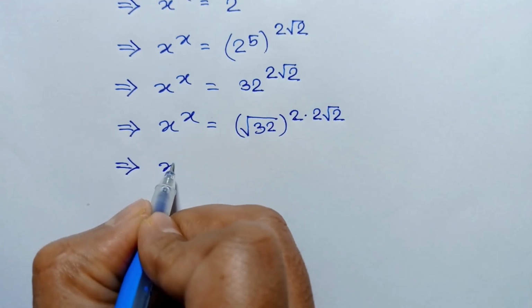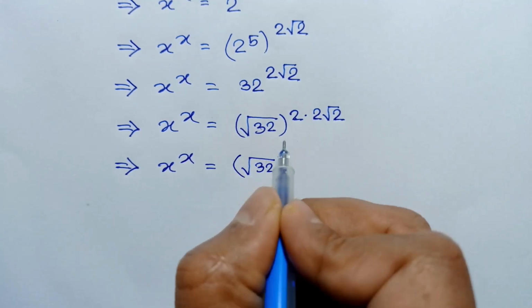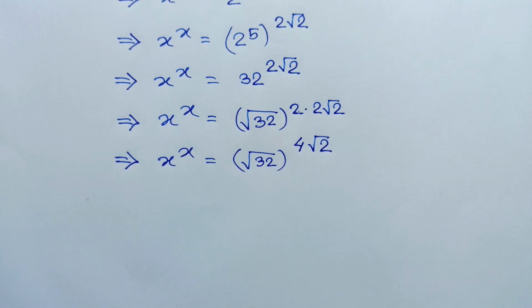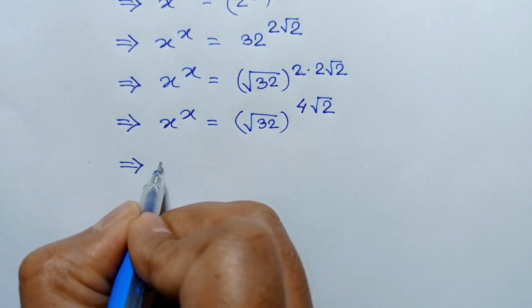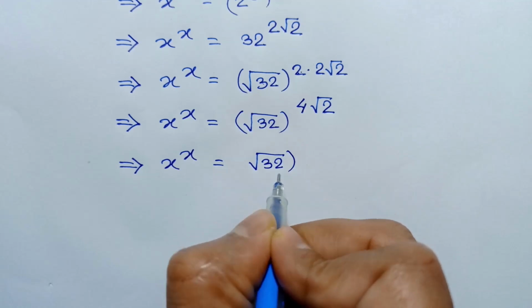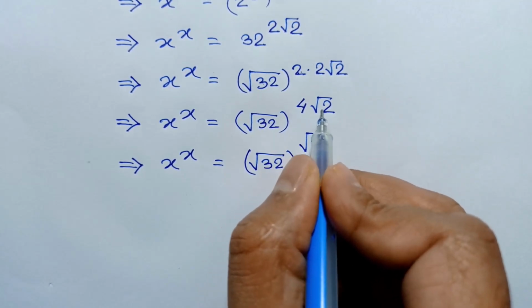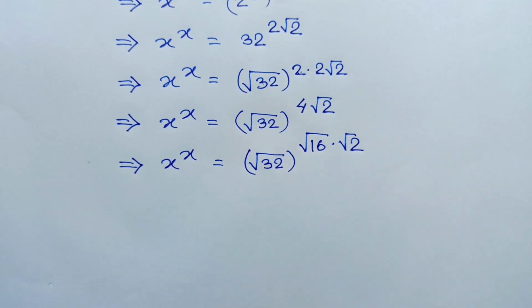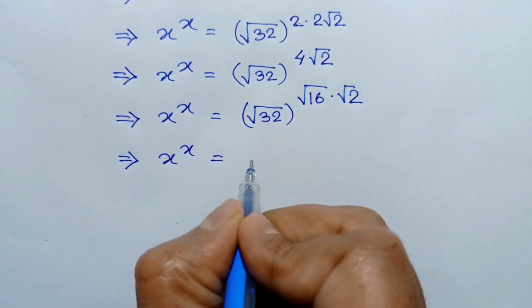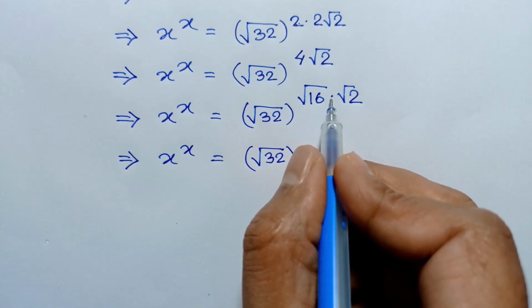Or x to the power x is equal to square root of 32 whole to the power 2 times 2 is 4, and this square root of 2, or x to the power x is equal to square root of 32 and whole to the power 4 is 16, and square root of this is 4, and this square root of 2, or x to the power x is equal to this square root of 32 whole to the power square root of 16 times square root of 2.